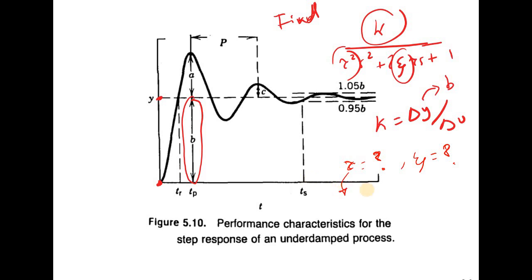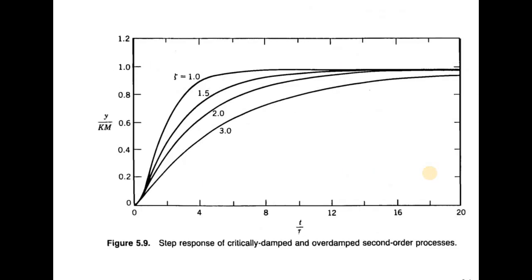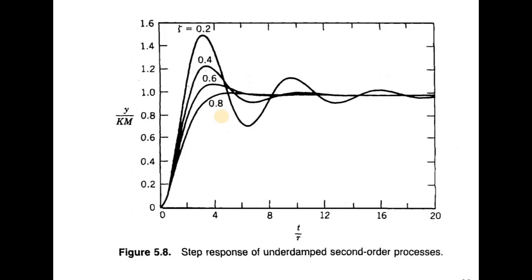And since it is time, I can get the value of Tau by knowing either TR or TP or the time period, because all of these are time. So I can get Tau out of that. And then I can get the value of Xi. Maybe I can look at how the response looks, and try to find the value of Xi.